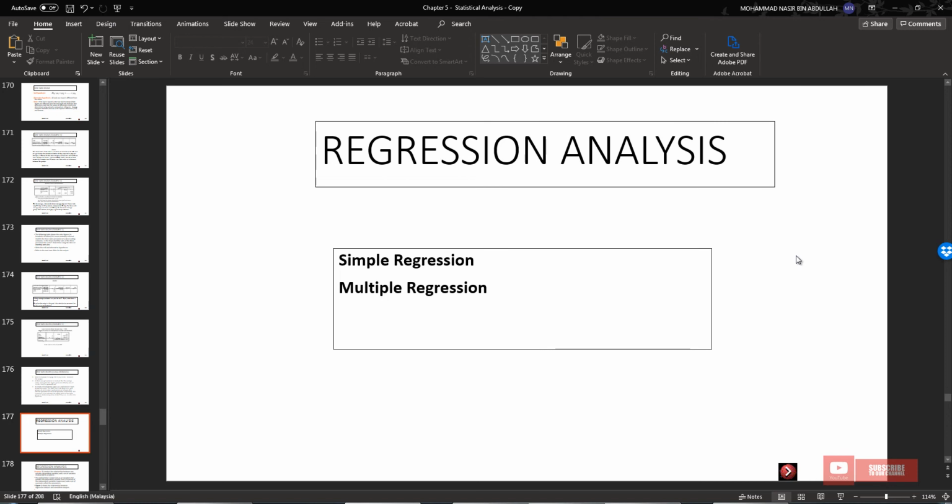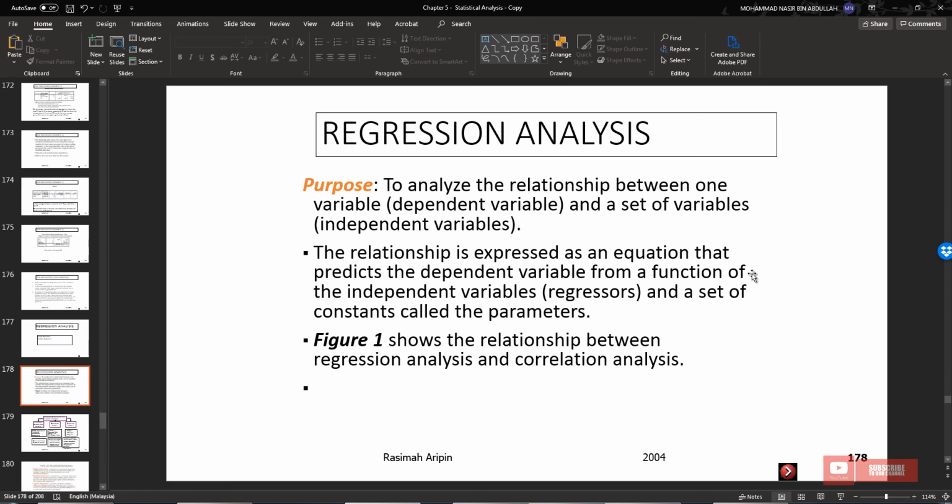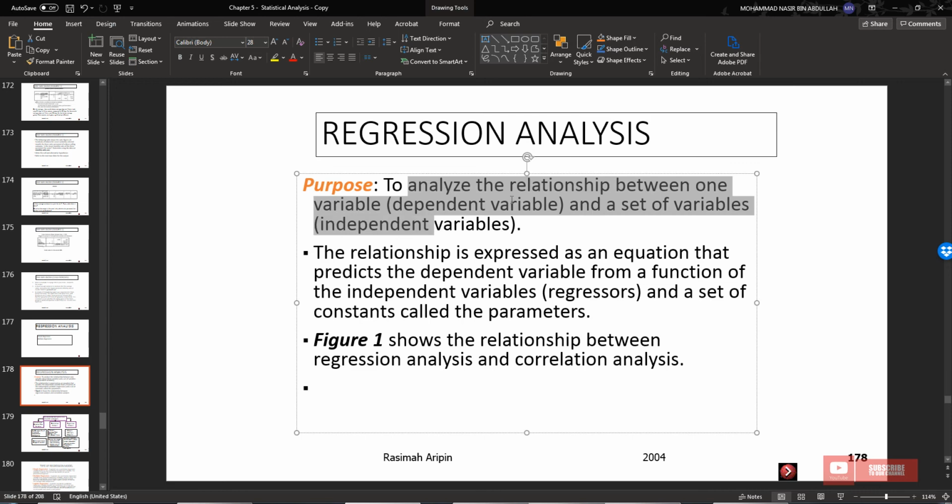So now let's look at linear regression. In linear regression, we want to discuss simple linear regression and multiple linear regression. Right, the purpose of linear regression is to analyze the relationship between one variable, which is the dependent variable, and another set of independent variables. So we want to measure the relationship.